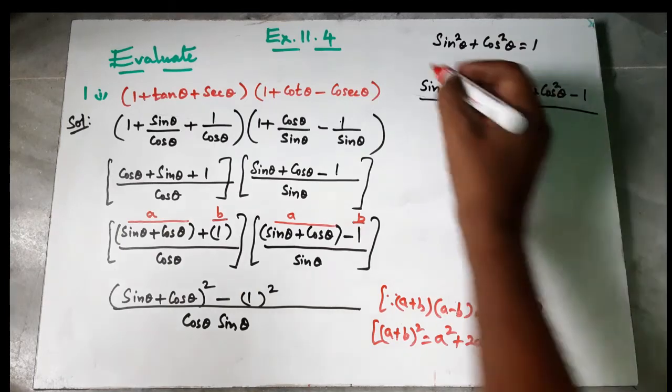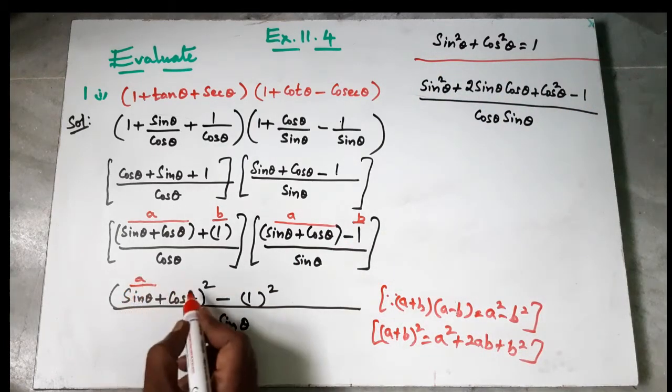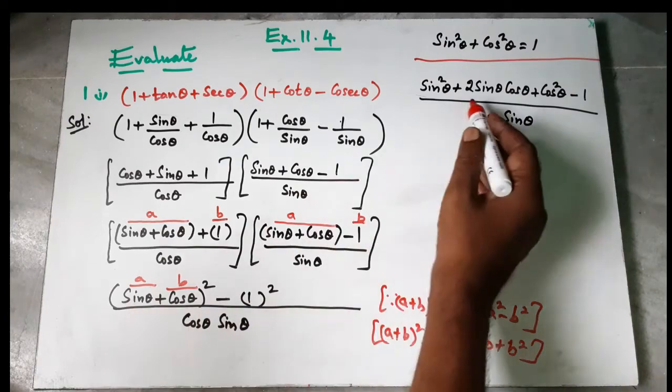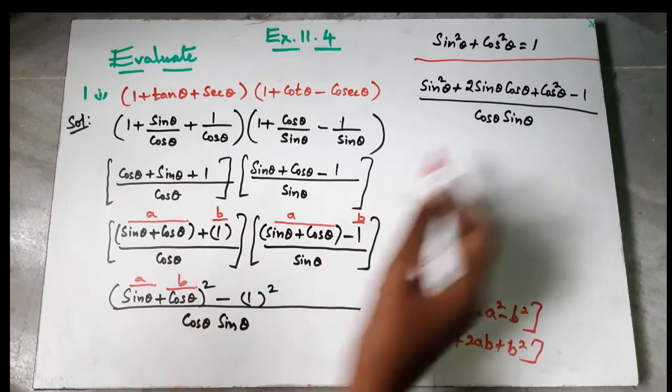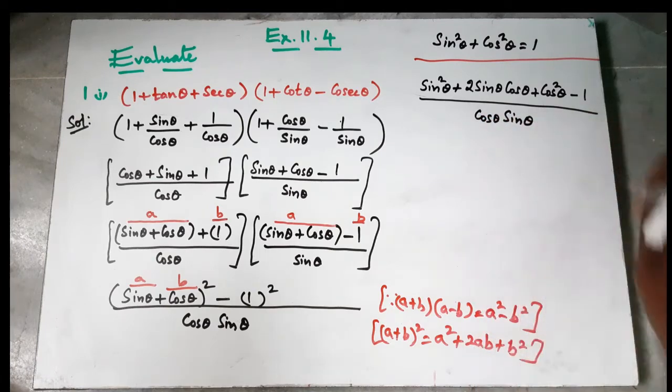See here, so this term we are going to take it as a and this term as b. So a square sin square theta, 2ab, 2a is sin theta, b is cos theta, plus b square means cos square theta minus 1 by cos theta sin theta.